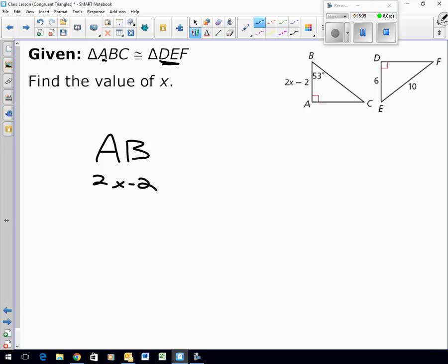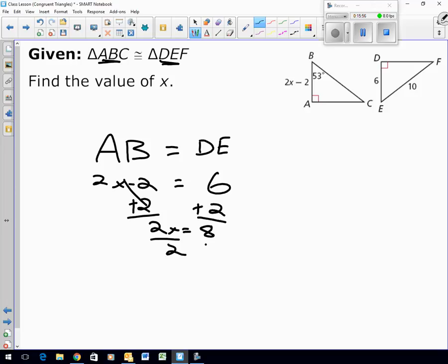DE. AB and DE. What does DE equal? What do I do to solve for x now? Add 2 to both sides. 2x equals 8. What do I do now? Divide both sides by 2. What does x equal? Four. That's how it was before.